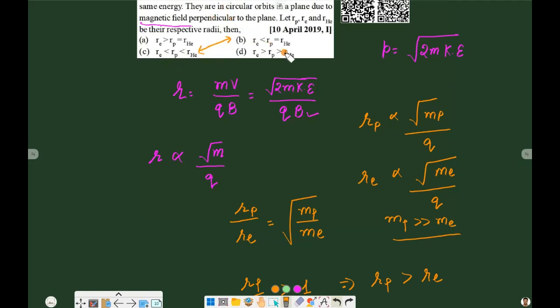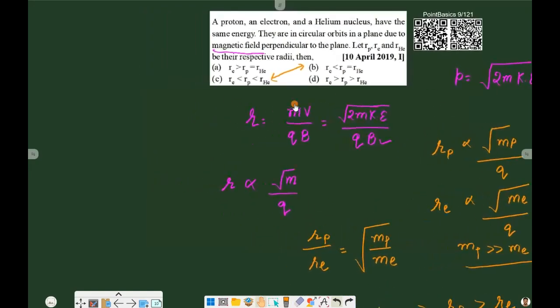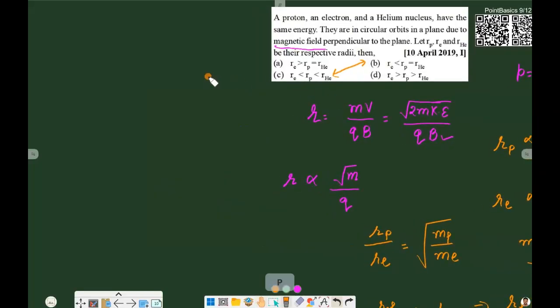Now let's compare the proton and the helium nucleus. The helium nucleus is actually an alpha particle, and it has a mass 4 times the mass of proton, and its charge is twice the charge of proton, or 2q.